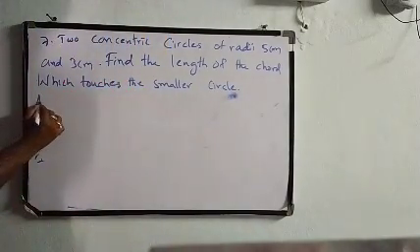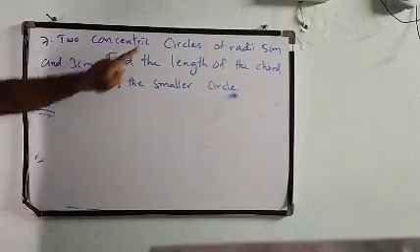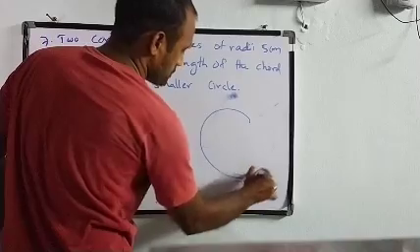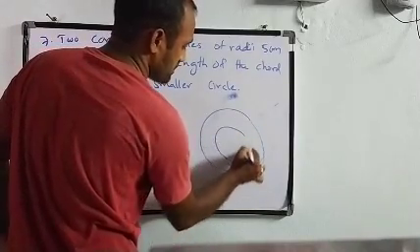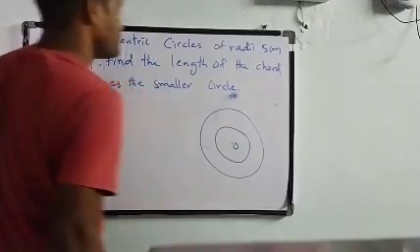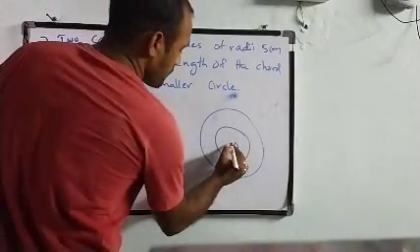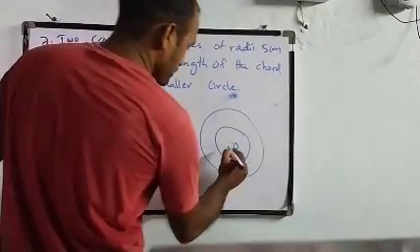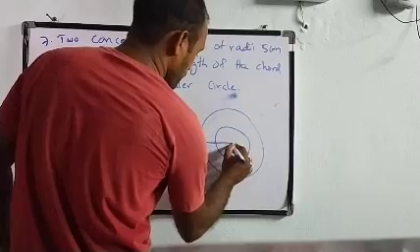Okay, now let us see the answer over here. There are two concentric circles of radius 5 centimeters and 3 centimeters. So let us assume that this is the 5 centimeter circle and this is the 3 centimeter circle with center O. Let us take this is 3 and this is 5.